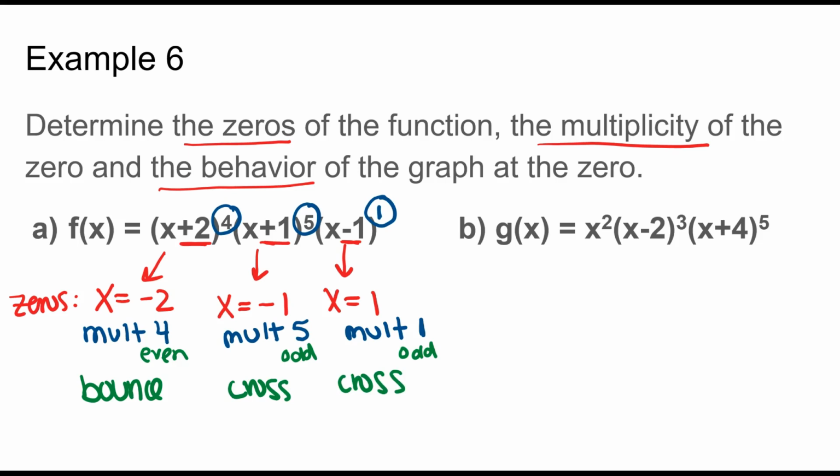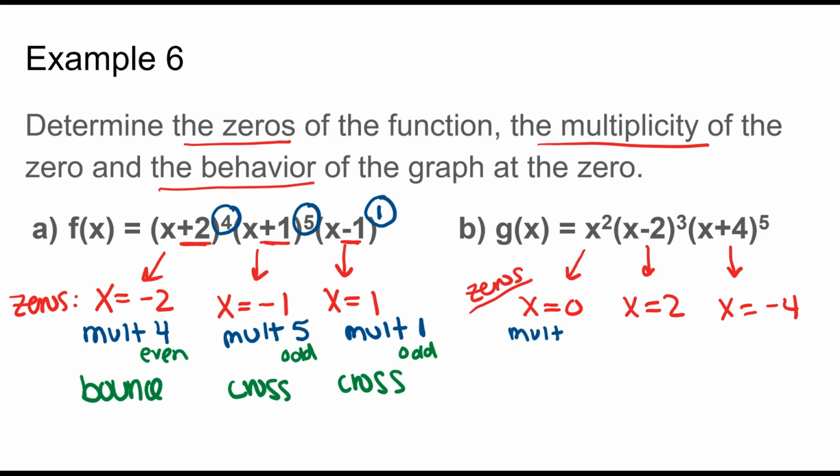Okay, let's try another. So finding your zeros, our zeros are x equals 0, x equals 2, x equals -4. And let's go through and do the multiplicity. Well, the multiplicity for this 0 is 2. The multiplicity here is 3.